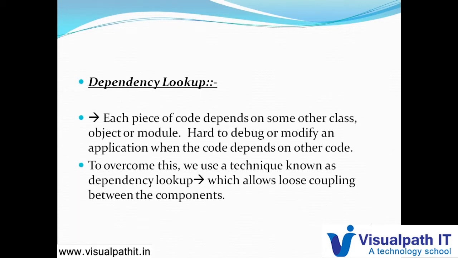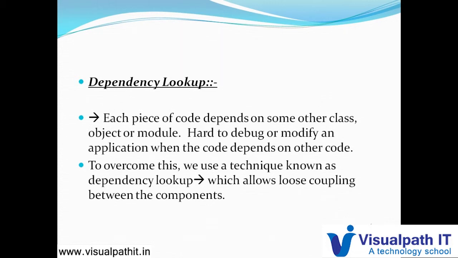In order to overcome this problem, we use this technique known as dependency lookup. It allows the loose coupling scenario between the components. What exactly is loose coupling? That is, changes done to one module or a particular component in an application do not affect the functioning or the working of another module or component of the same application.